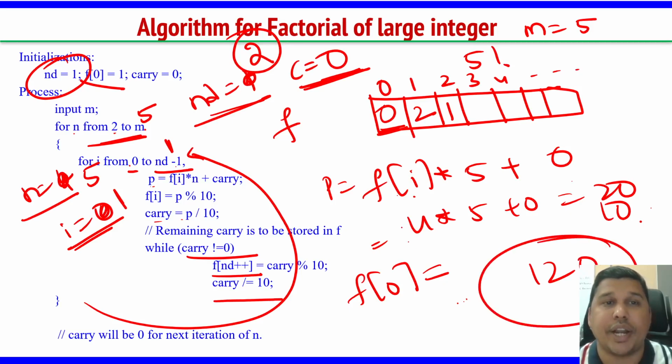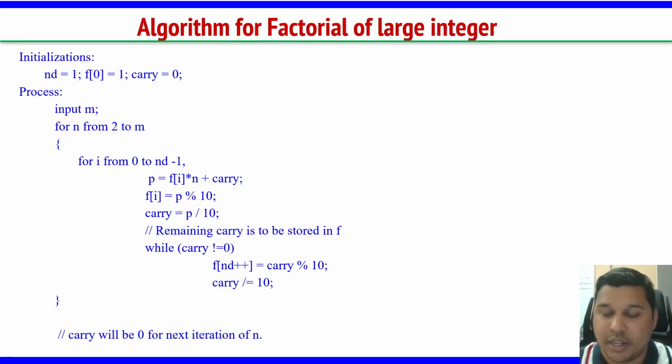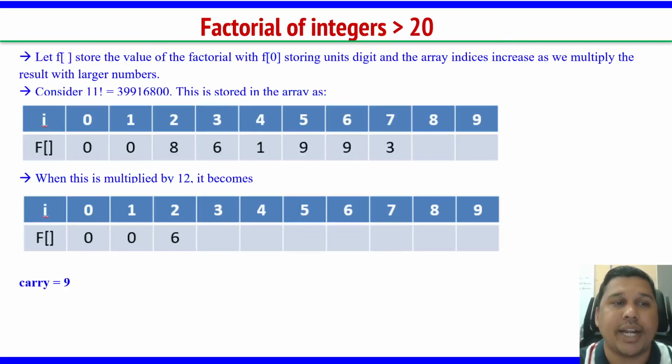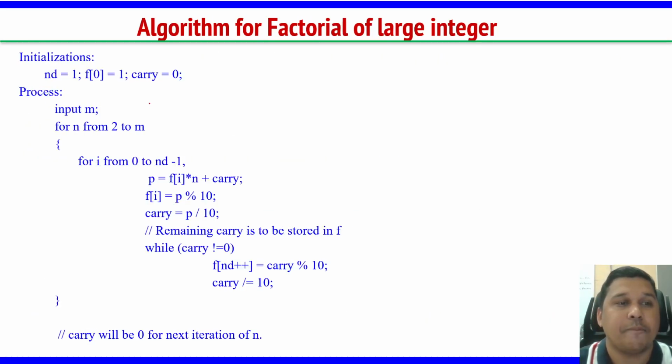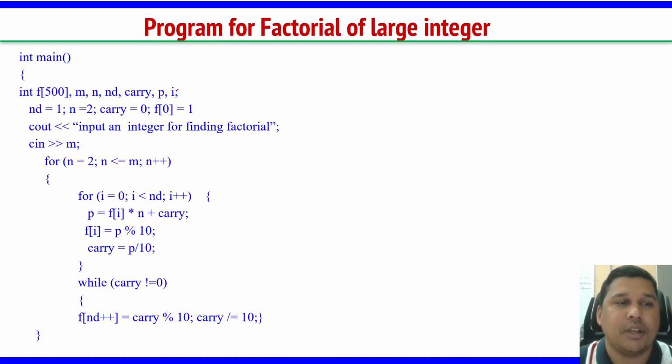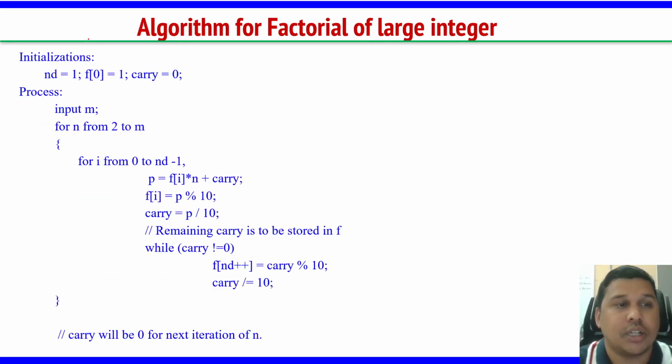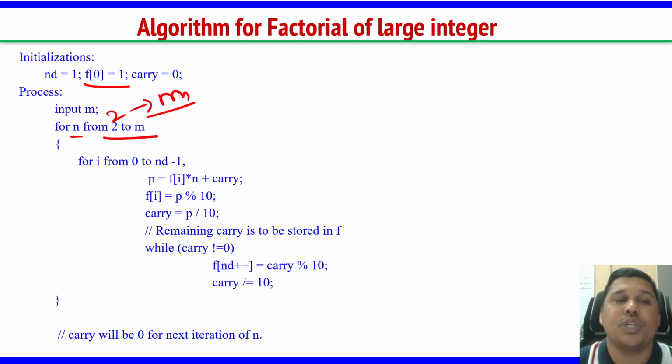This is the logic of finding out factorial of a large number. If we summarize again, when you want to find out the factorial of a large number, we have to create a temporary array with zeros, then iterate from the number 2 to the number m for which you want to find out.